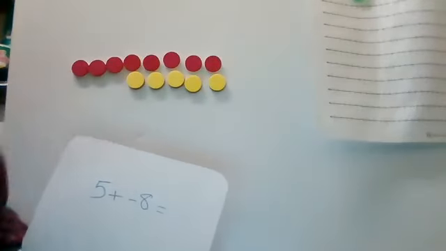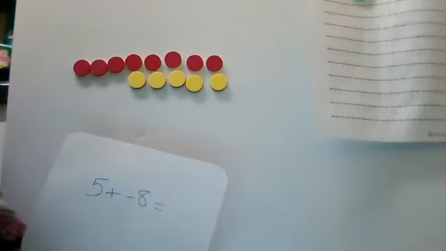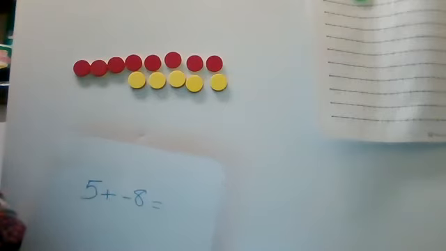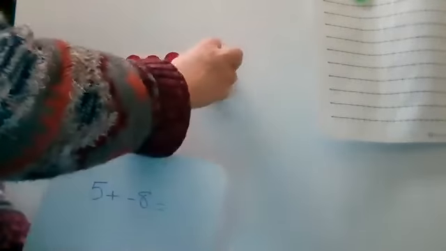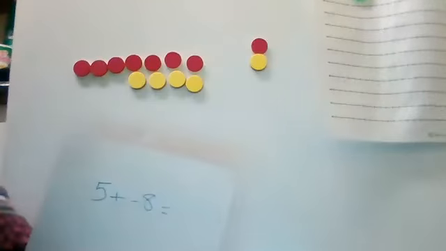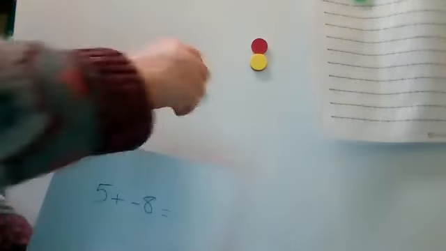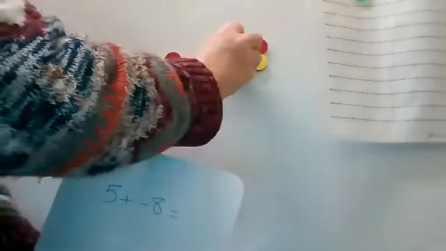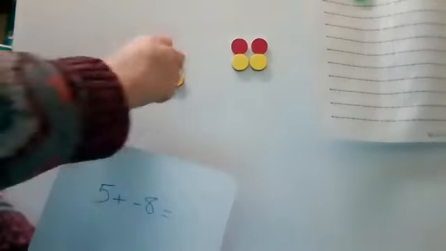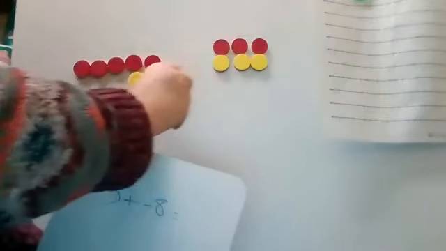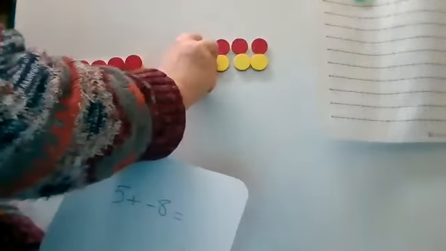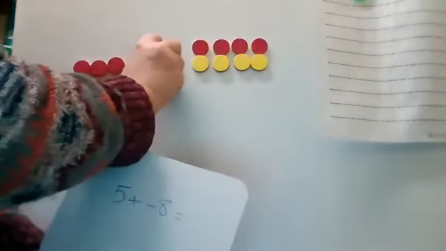So right now that doesn't tell me a whole lot. But then I think to myself, oh yeah, there's 0 pairs going on here. These two add up to 0, so I can just take those away. These two add up to 0. I can take those away. These two are 0. These two are 0. These two are 0.